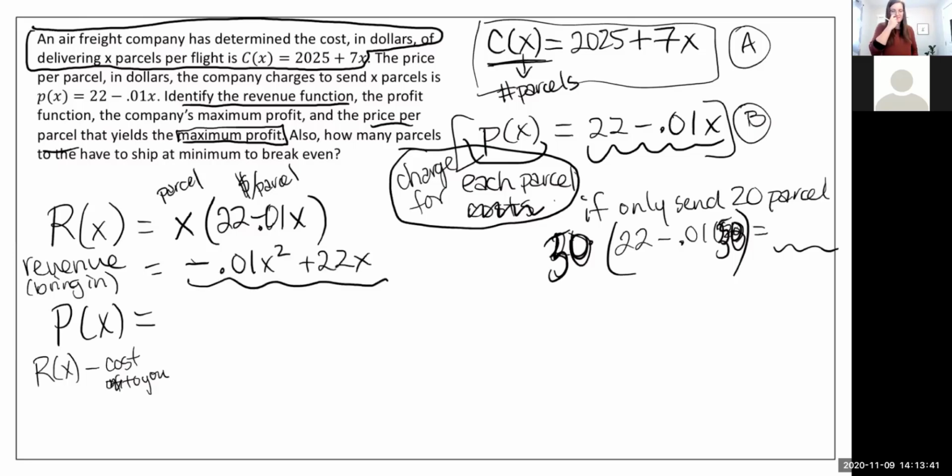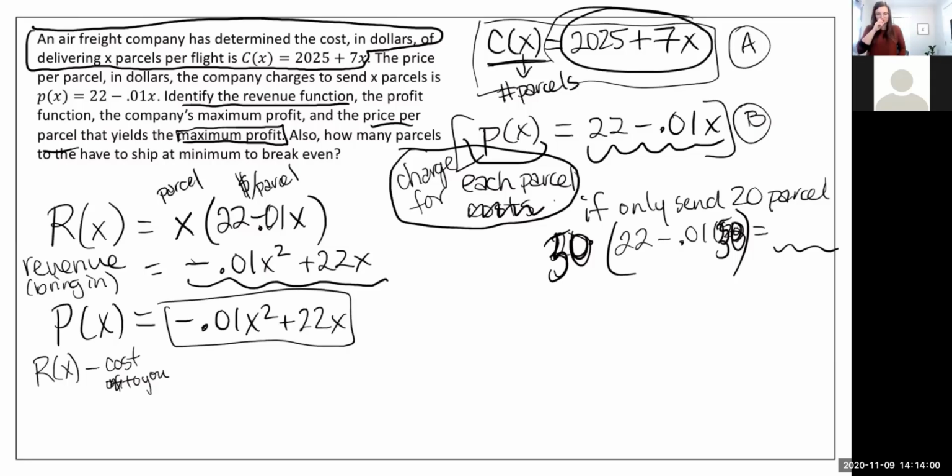You get in that much money, but you're going to now have to subtract this away because that's your cost for sending them. So that's how much revenue you have. So that's how much money you get in. And now you're going to subtract away the money that you had as a cost to you as the seller.